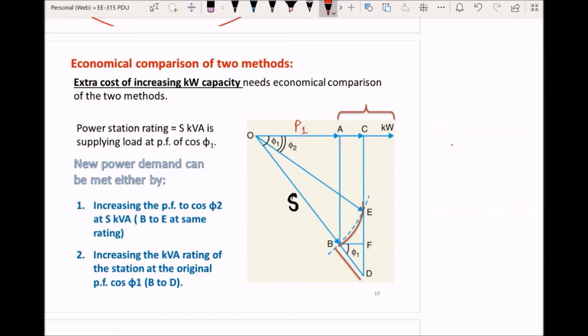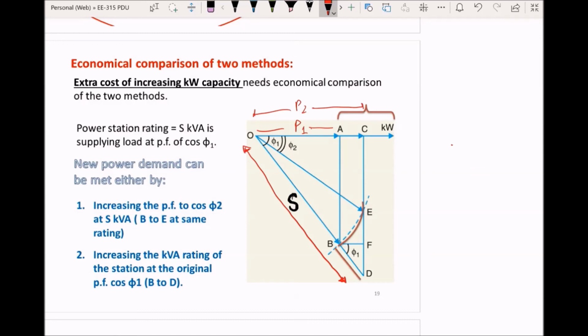So if the demand is increased to P2, where P1 was OA and P2 is OC, then the kVA supply of the plant should increase to OD. So it was OB initially, and it has increased all the way to OD.